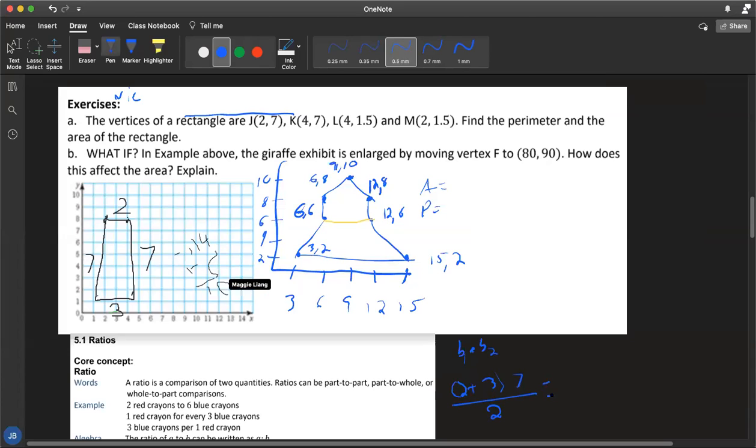And what did you end up getting here, Ben? So 35 divided by 2 is 17.5. Perfect. 17.5. Great job, Ben. That was perfect. I'm glad you noticed it was a trapezoid because we have a height, and then we have 2 different bases, a 3 and a 2.